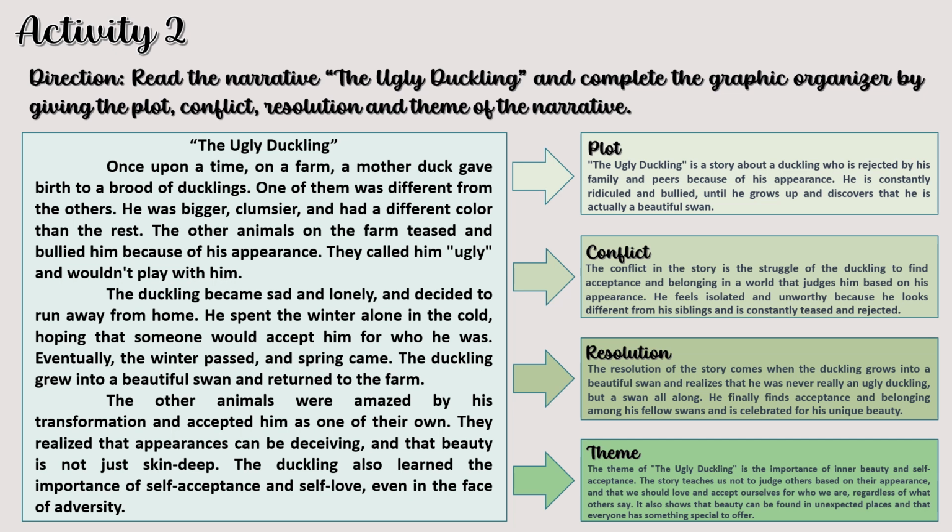The resolution of the story comes when the duckling grows into a beautiful swan and realizes that he was never really an ugly duckling, but a swan all along. He finally finds acceptance and belonging among his fellow swans and he is celebrated for his unique beauty. The theme of The Ugly Duckling is the importance of inner beauty and self-acceptance.